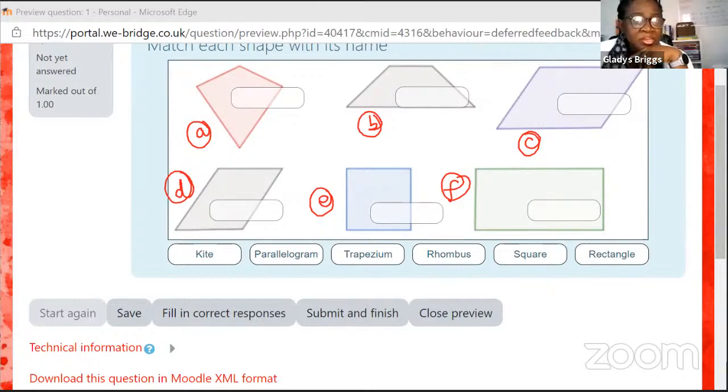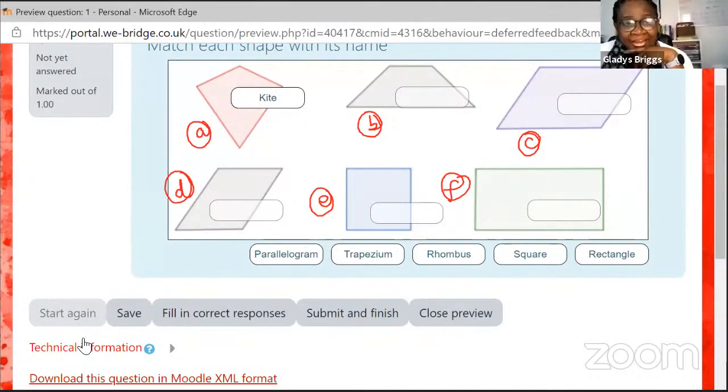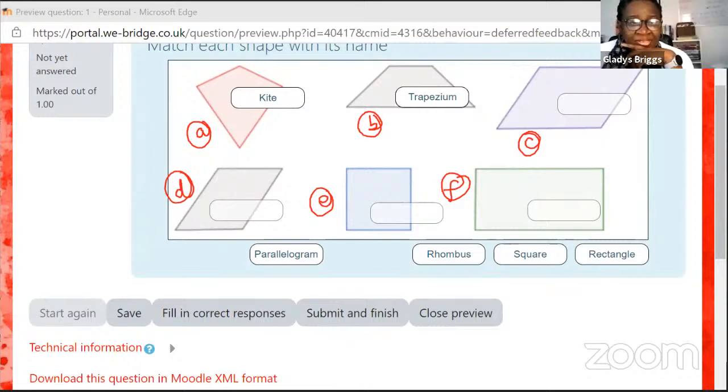Excellent. Well done. So, question A, the popular opinion is that it's a kite, and that sounds like the correct answer. How about question B? Looks like that's a trapezium. How about question C?